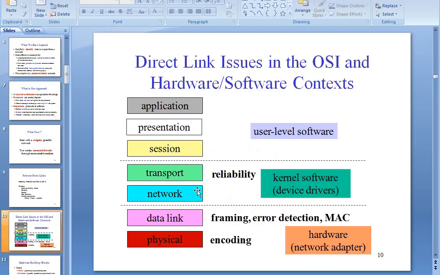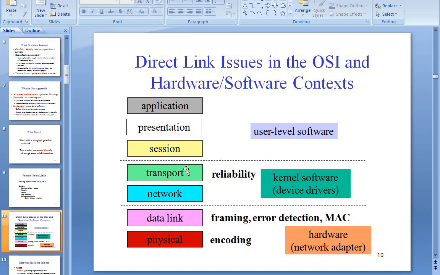As we know, the OSI model is used as a reference model in computer networks. Therefore, we will try to map these five issues with reference to the OSI model, and we will also figure out the software and hardware aspects of these issues. As you see in the OSI model, the upper three layers, application, presentation and session layer, are implemented in user-level software.